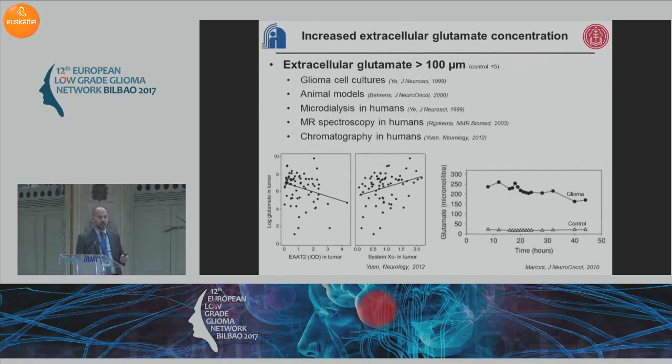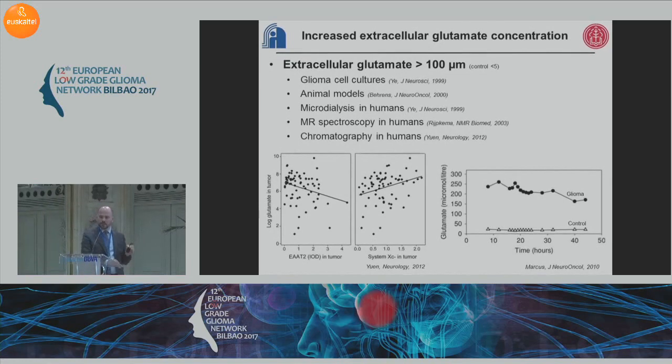So the increase of glutamate release together with a decrease of glutamate reuptake induces a huge increase of the glutamate concentration in the extracellular space, which has been shown in animal models and in humans. So it may produce neuronal hyperexcitability in the vicinity of glioma cells.